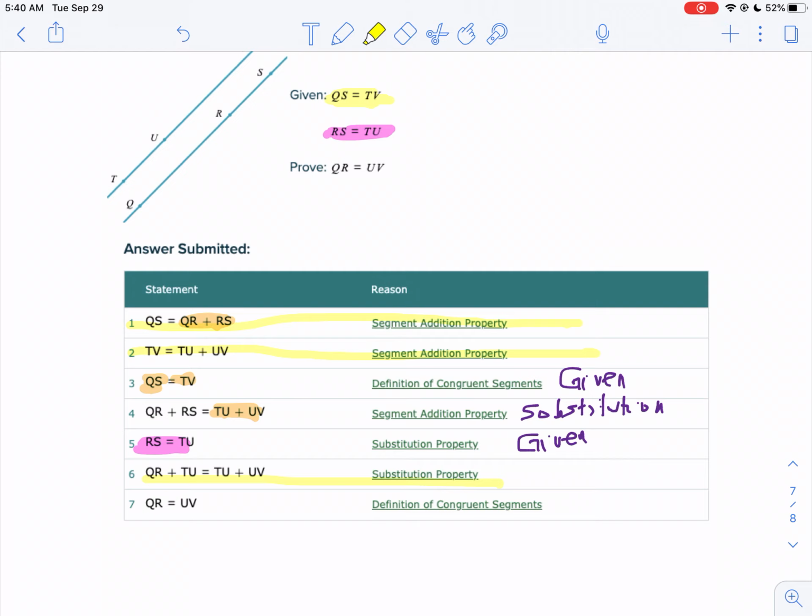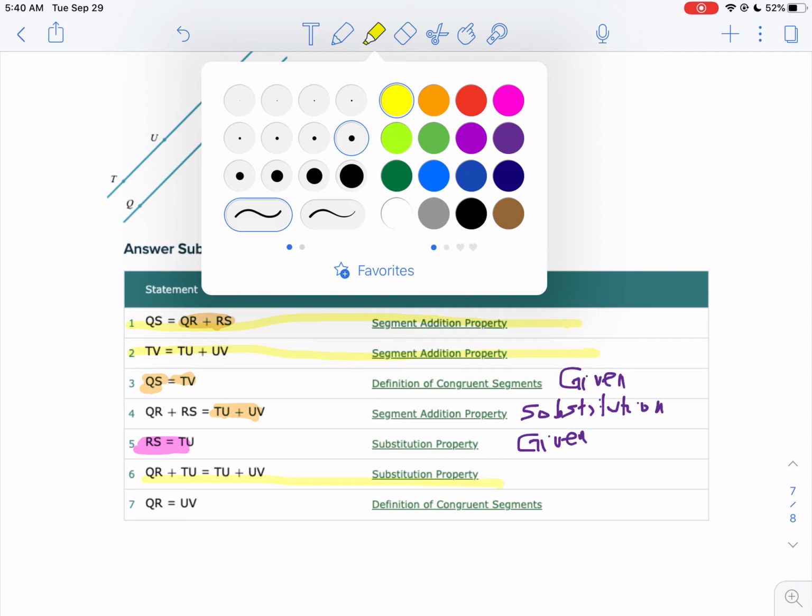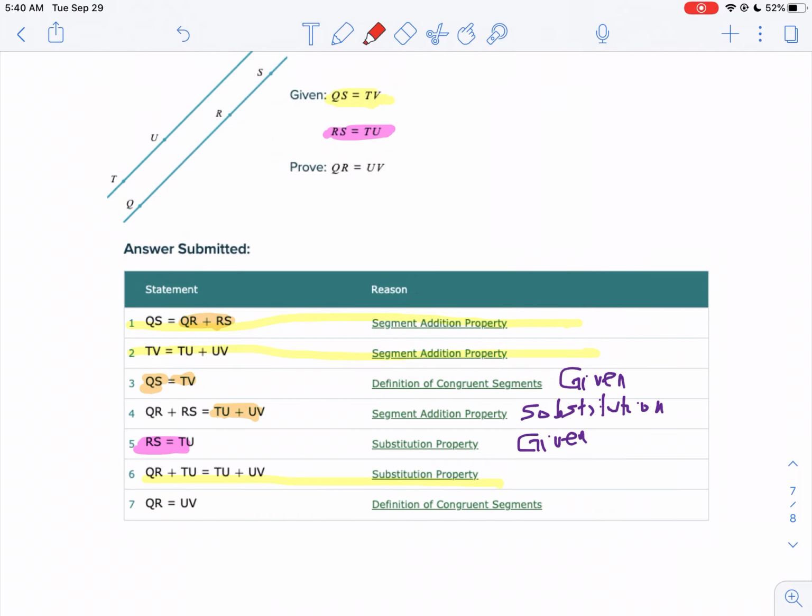But notice what happens. Now there's a TU on both sides. So that's not definition congruent segments again. Only use definition congruent segments when you change an equal sign to a congruent sign. We subtracted TU from both sides. So that should have been addition and subtraction properties.